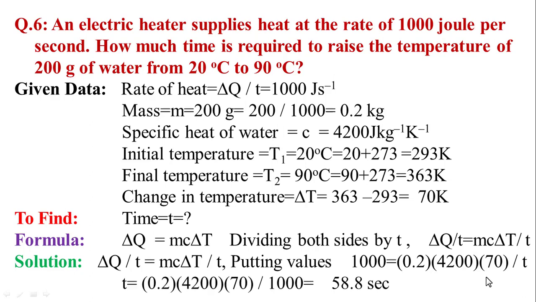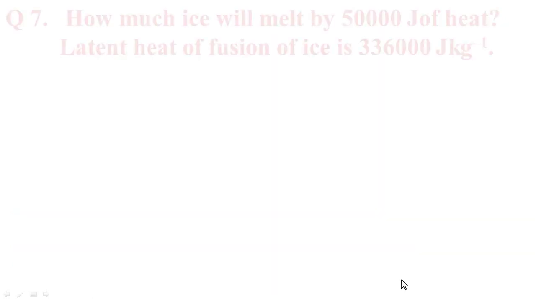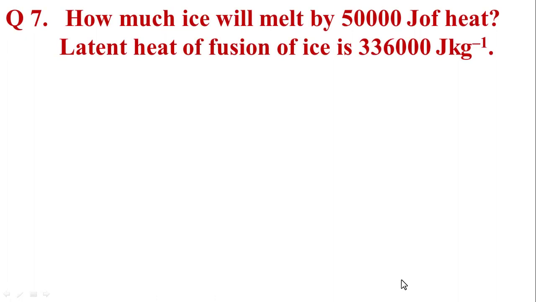Now we have T multiplying on the other side and 1000 dividing on the other side. So 0.2 multiplied by 4200 multiplied by 70 divided by 1000. The answer will be 58.08 seconds.